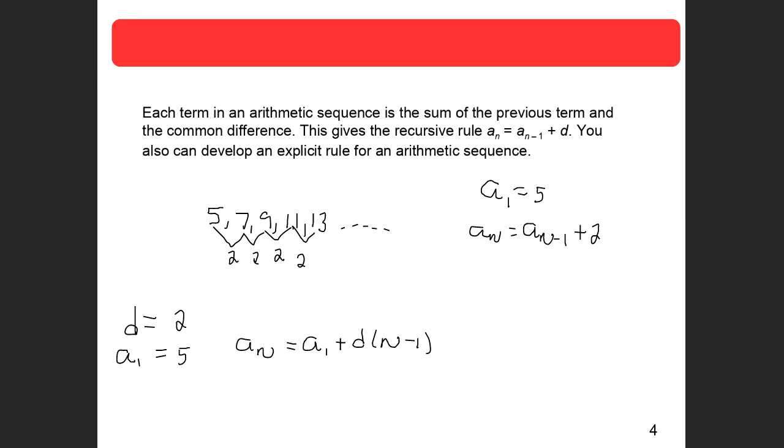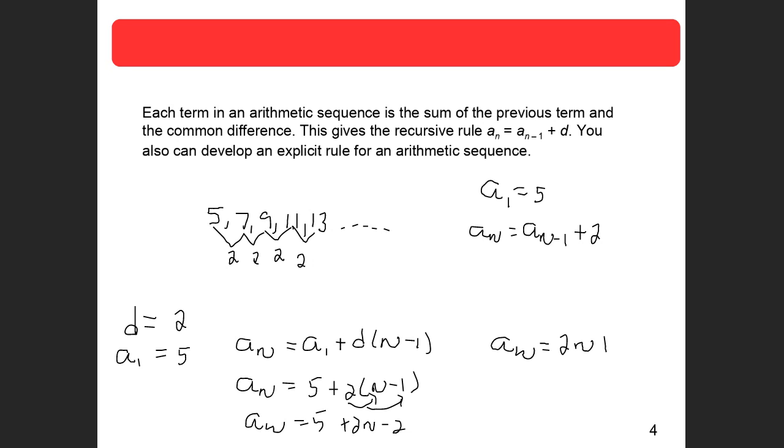Now, I never let students leave the parentheses in here. So if I plug in my values, a sub n is equal to 5 plus 2 times (n minus 1). Okay, so now I'm going to multiply this through. That gives me a sub n is equal to 5 plus 2n minus 2. And my final formula, since I put the 5 and the negative 2 together, is 2n plus 3.